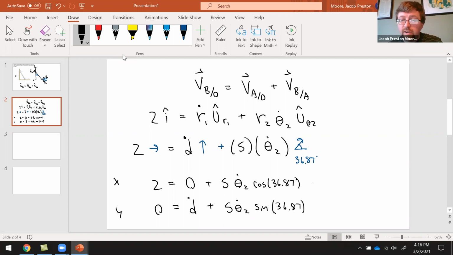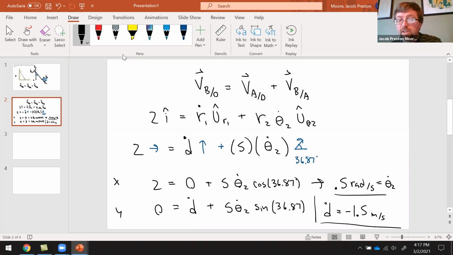If I plug that in, what I'd get for theta 2 dot is that the ladder is rotating at a rate of 0.5 radians per second. That gets plugged in here: 5 times 0.5 times the sine of 36.87. D dot is going to be equal to negative 1.5 meters per second.